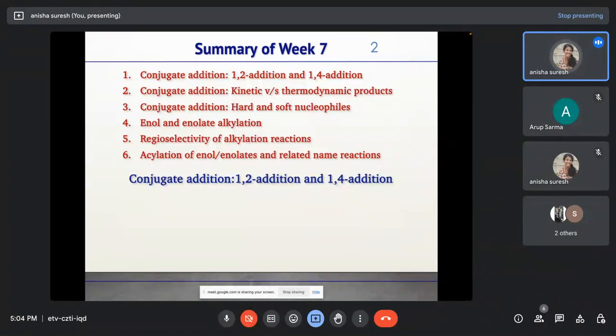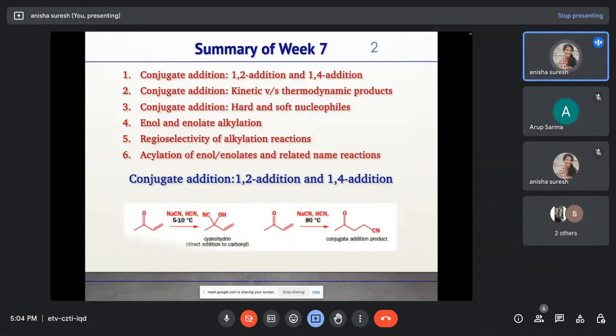So, coming to conjugate addition, 1,2 addition and 1,4 addition. Here you can see there is an alpha beta unsaturated ketone. It was treated with sodium cyanide in the presence of HCN at 5 to 10 degrees Celsius. Here 1,2 addition of the CN minus, which is a nucleophile, has taken place, giving the cyanohydrin. Direct addition to the carbonyl has taken place.